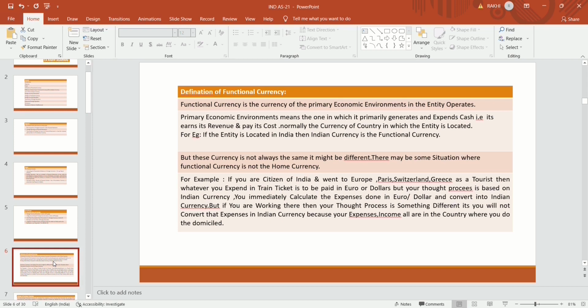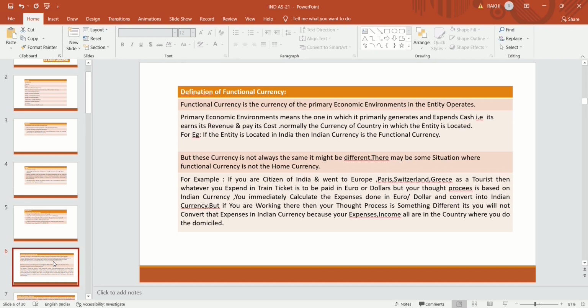It does not mean that domicile in that country is not important, but the primary economic environment in which the entity operates is important to determine the functional currency. So for determination of functional currency, we will check the primary economic environment in which the entity operates.